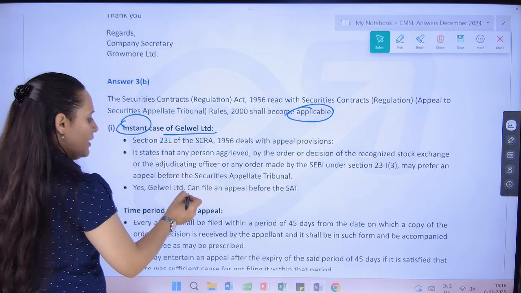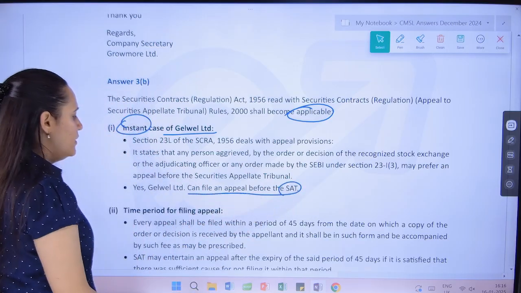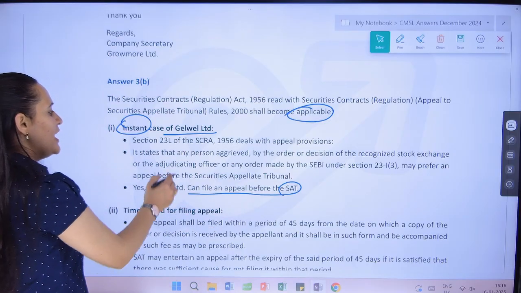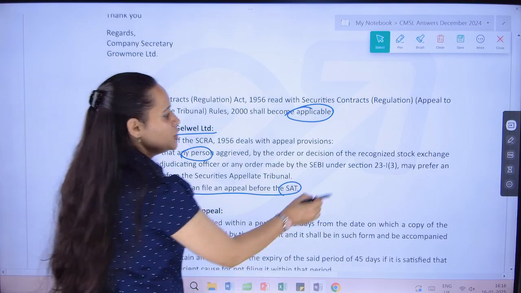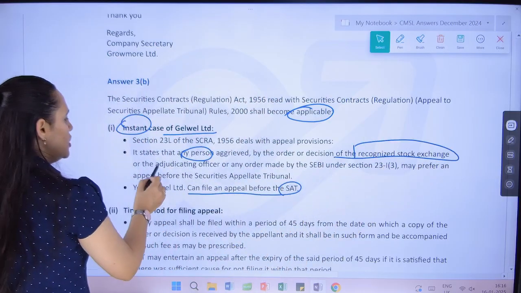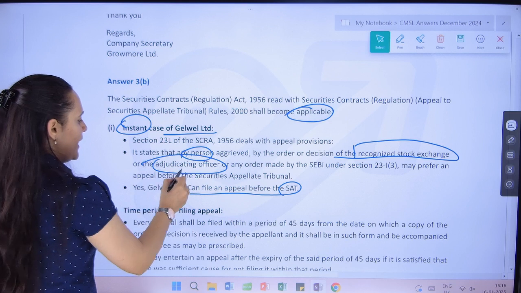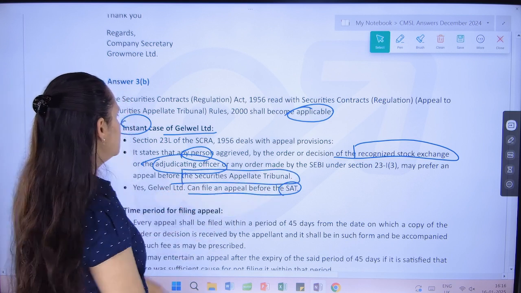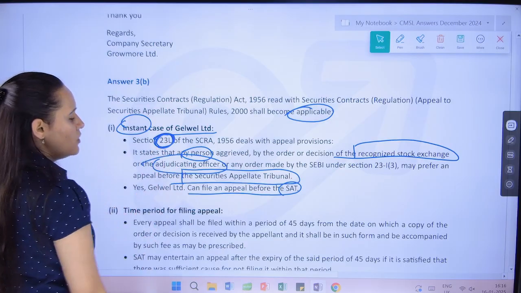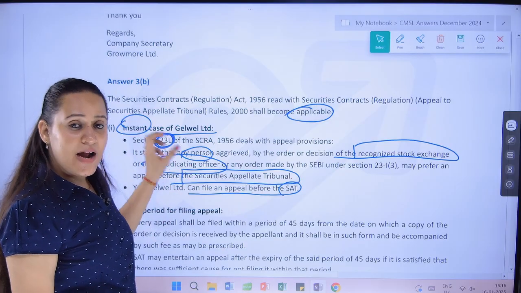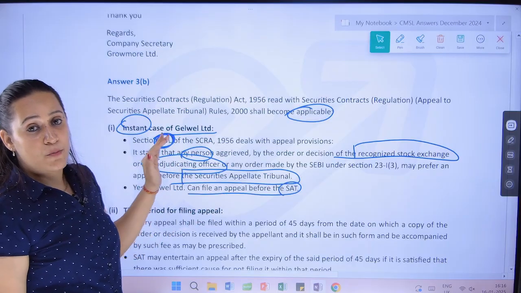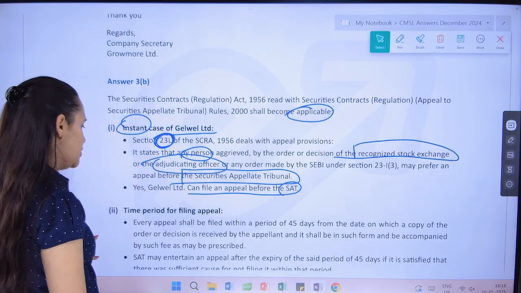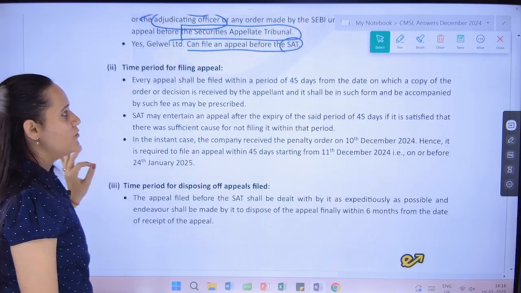Yes, appeal can be filed before the Securities Appellate Tribunal on the basis of the provision that if any person is aggrieved by any decision of the recognized stock exchange or the adjudicating officer, they have a right to appeal before the Securities Appellate Tribunal based on this provision, that is section 23L of the Securities Contract Regulation Act. On the basis of that provision, they have a provision of making an appeal against the penalty order issued by the Bombay Stock Exchange.